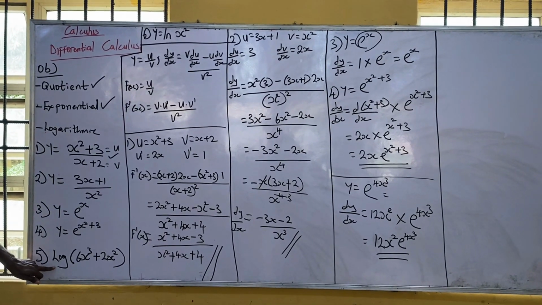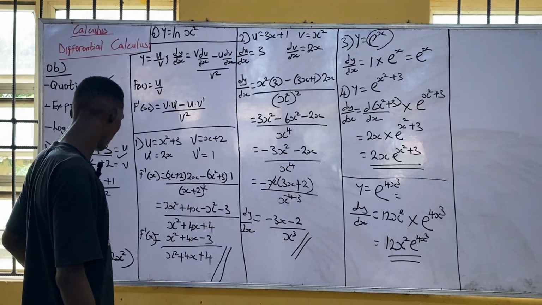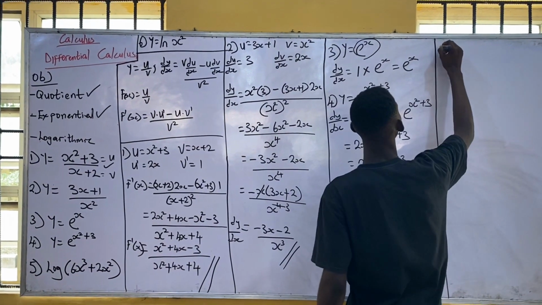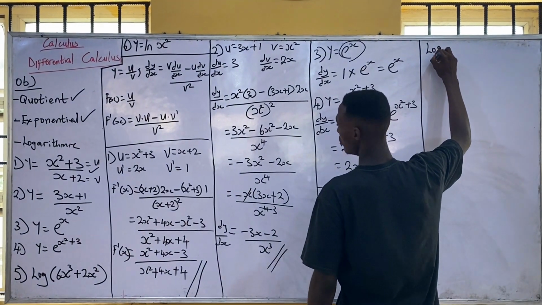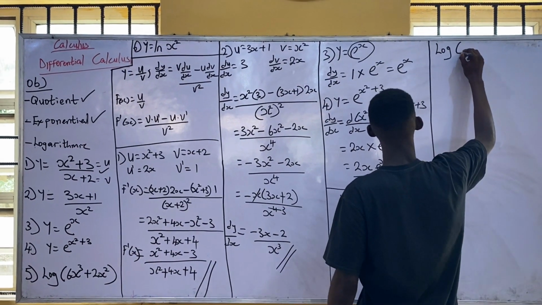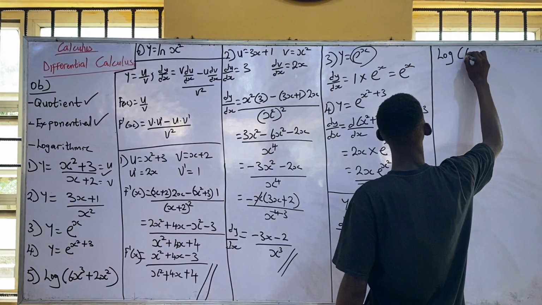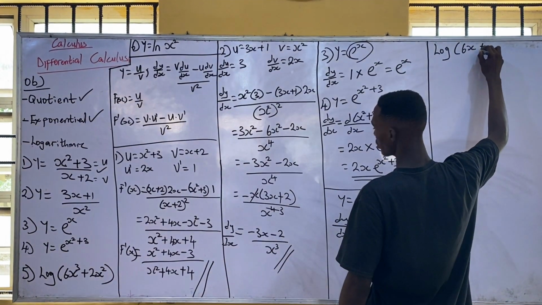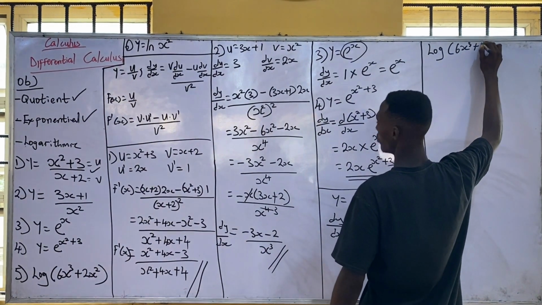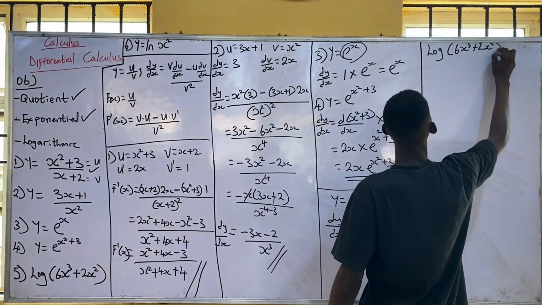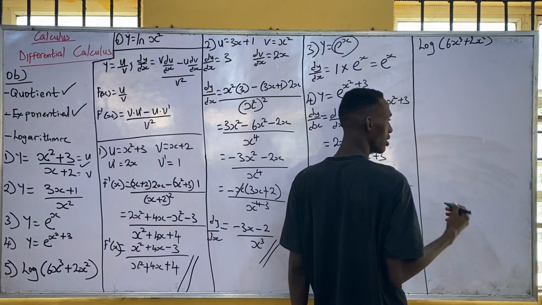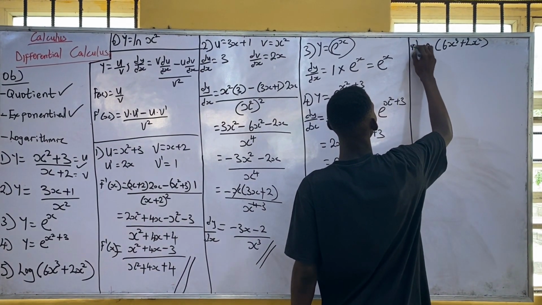Now, we have log of 6x cubed plus 2x squared. You have to solve this, remember, y is equal to this.